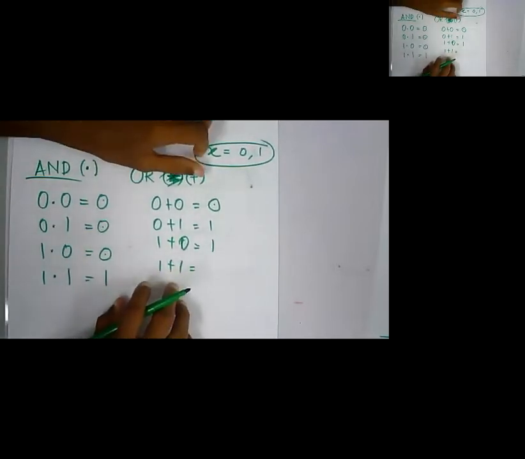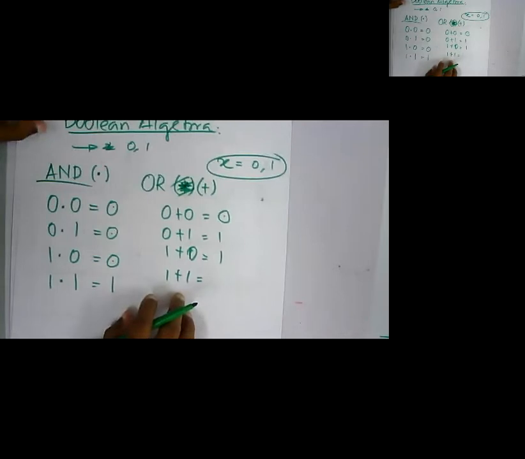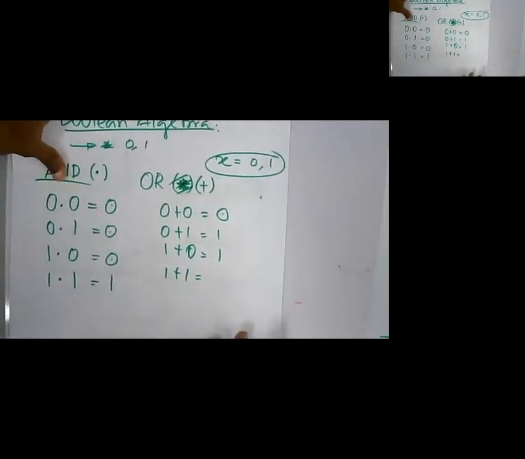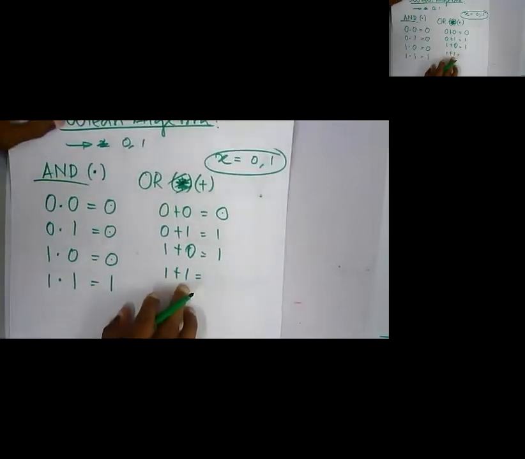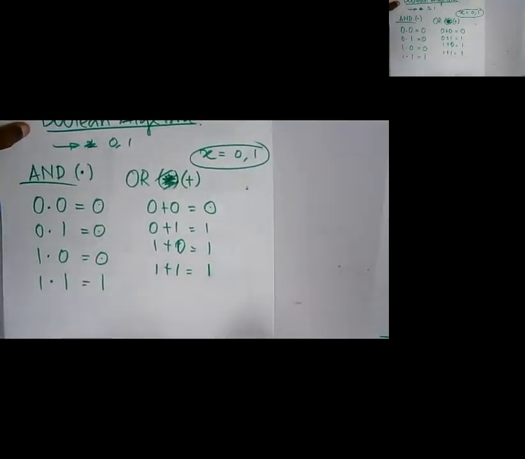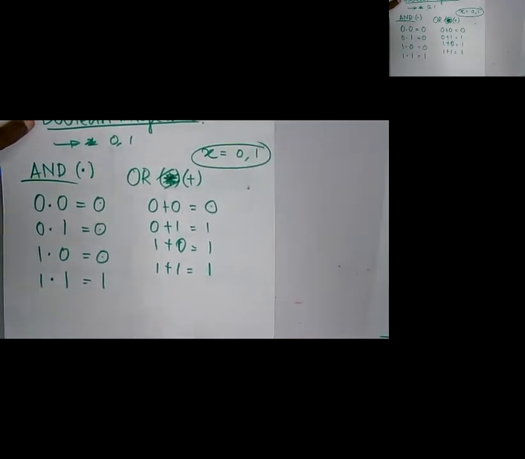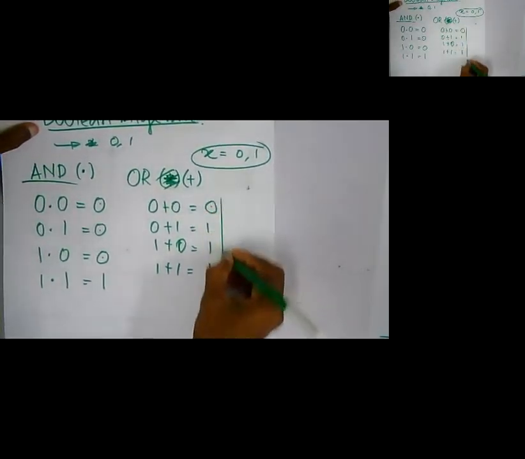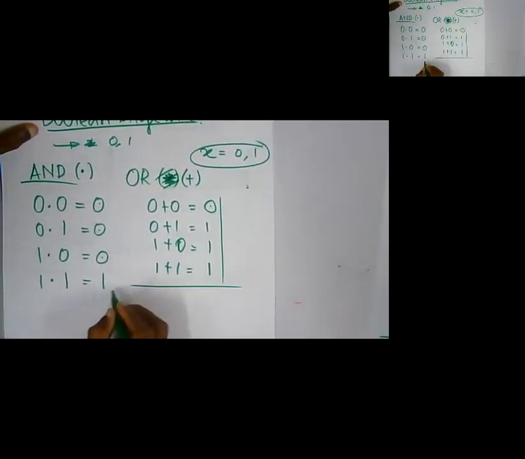In the binary number system, we have seen that 1 plus 1 is 10. But in Boolean algebra, a high voltage plus another high voltage becomes 1. It is not 10. This is the special condition for Boolean algebra.